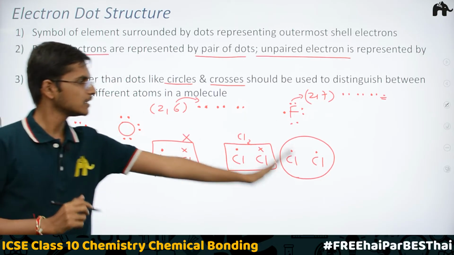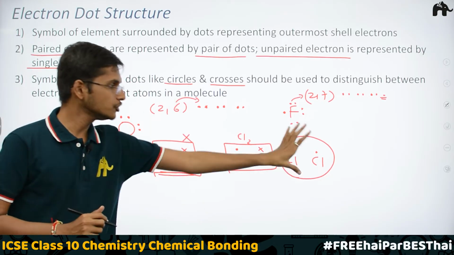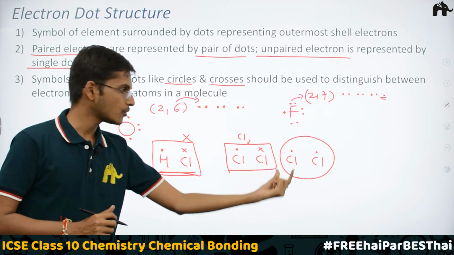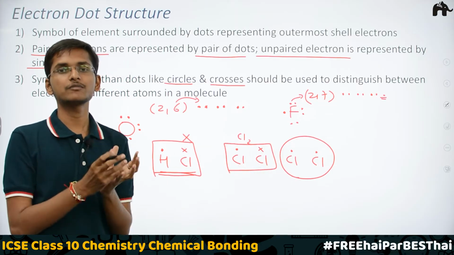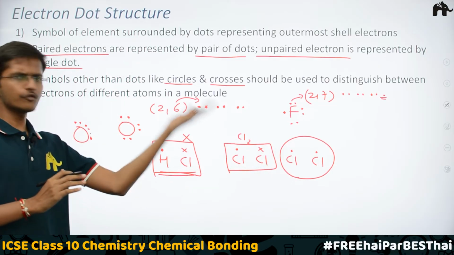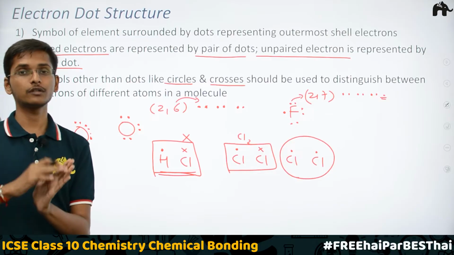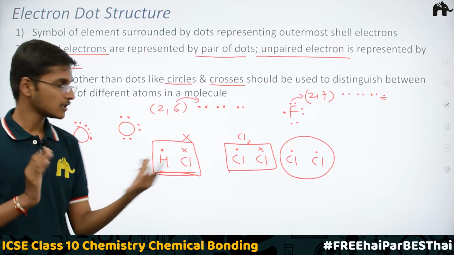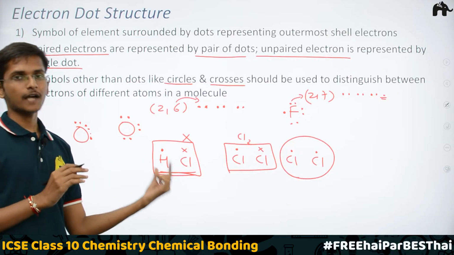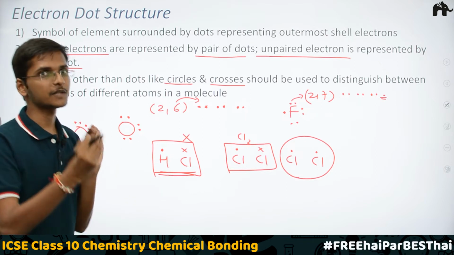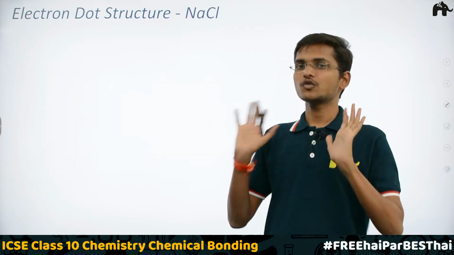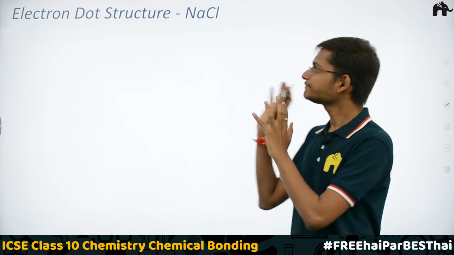Let's make it simple. I told you to use the same symbol for a molecule having atoms of the same element, so you would automatically remember that you have to use different symbols for molecules having atoms of different elements. Now let's see the electron dot structure of NaCl.